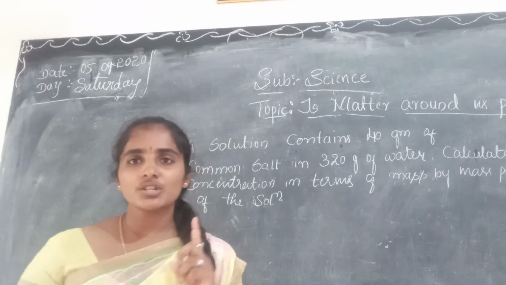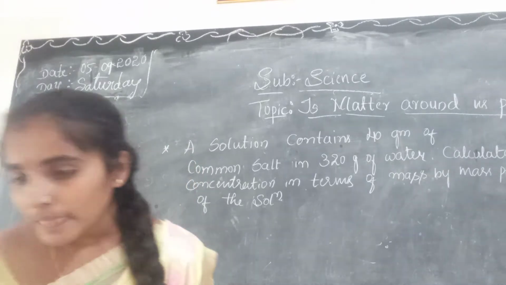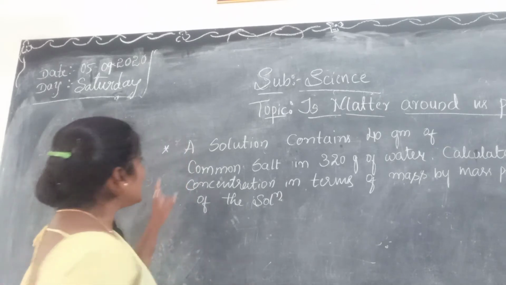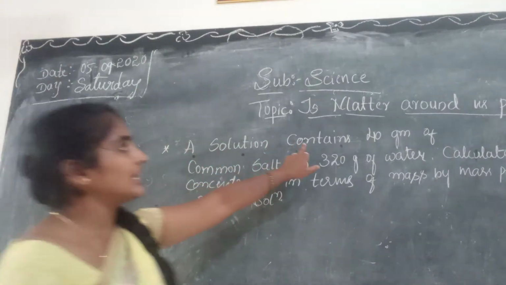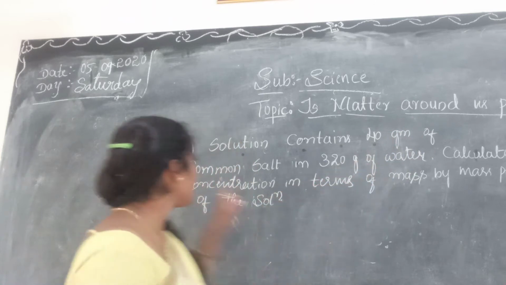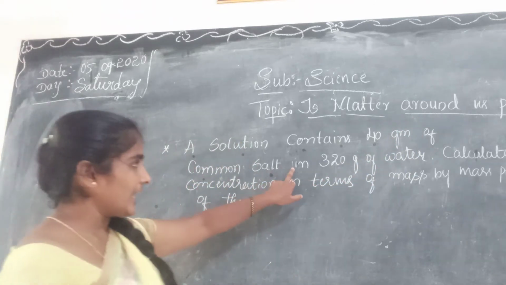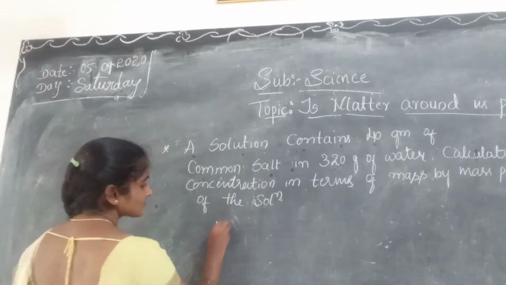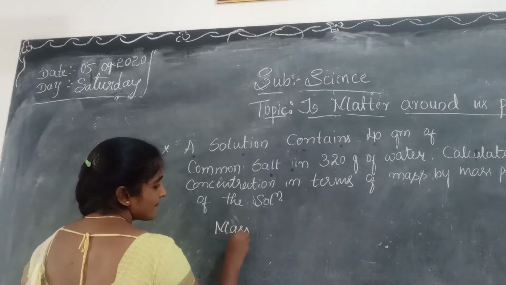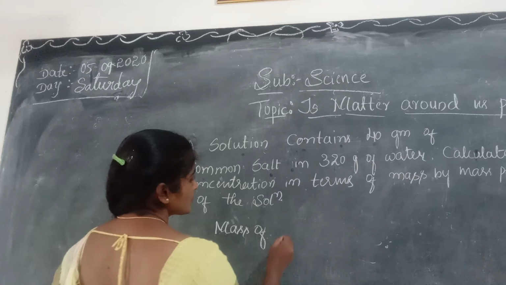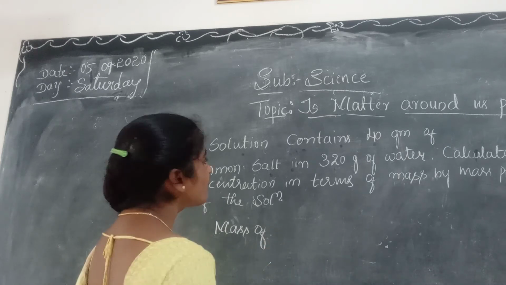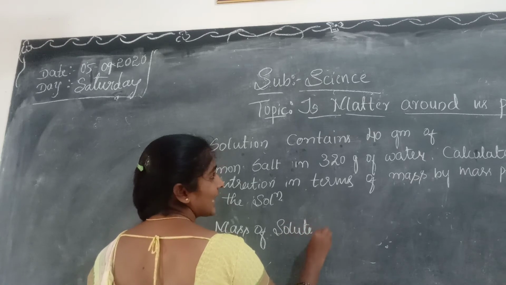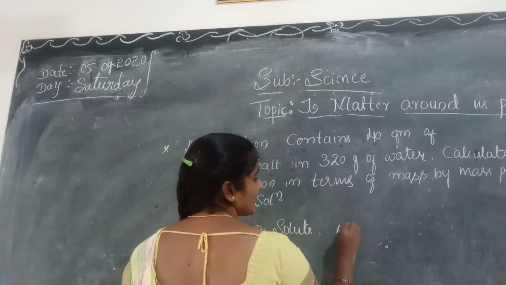It is already mentioned in the textbook, Activity 2.1, Example 2.1. Here they give a solution that contains 400 gram of common salt in 320 gram of water. Here the mass of solute is 400 gram.